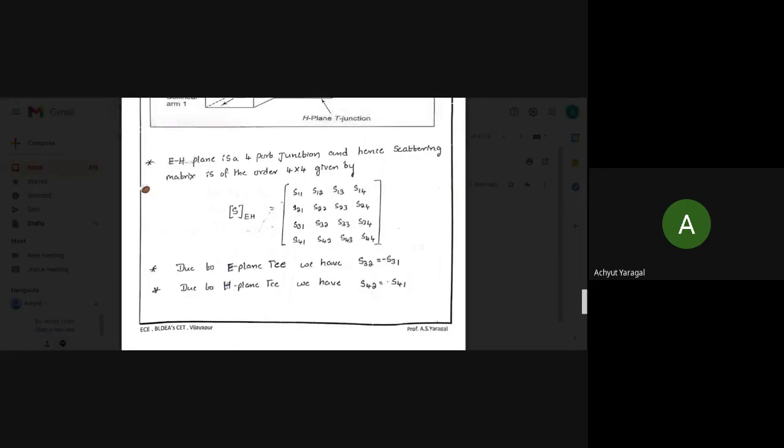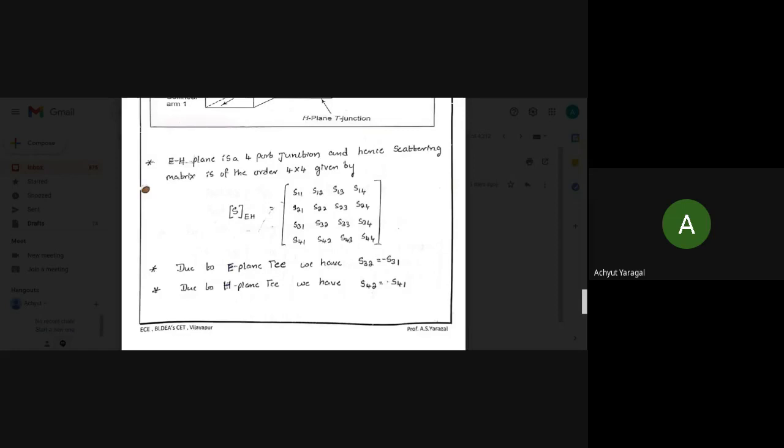You people are very much aware of the E plane. Whenever there is an incident wave or input wave at port number 3, what is going to happen? It will be distributed equally in terms of magnitude, but it is out of phase for port 1 and port 2 when there is an incident wave at port 3.